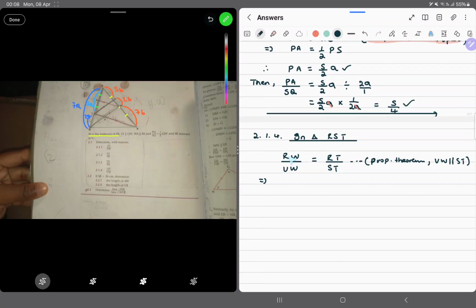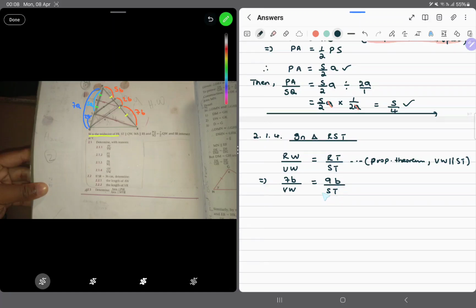Okay, great. So RW is what? 7B over VW, we don't know. That's what we want, is equal to RT. RT is going to be 7 plus 2, so it's going to be 9B over ST. ST is what we want. We saw that it's going to be common, so we can keep it that way. So this is literally substitution. So what can we do here?